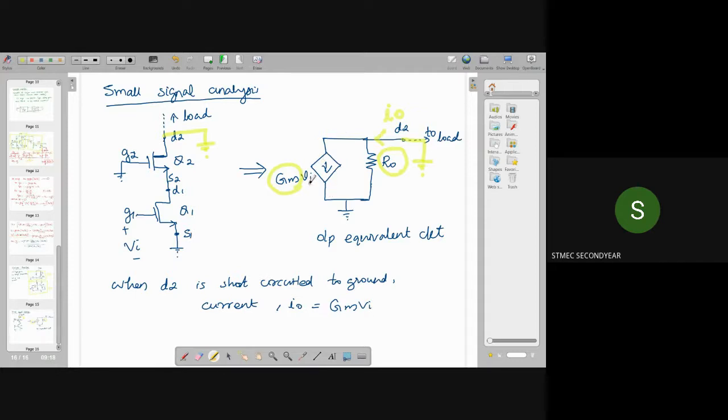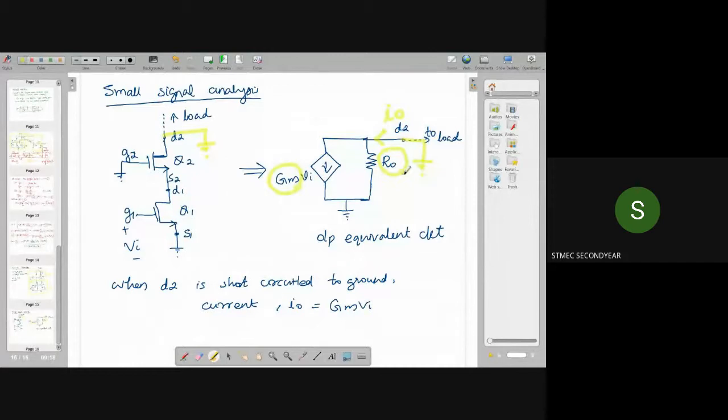Okay, so in order to find the value of gm, what we need is an output equivalent circuit for this cascode configuration. So the output equivalent circuit should be like this: a voltage controlled current source in parallel with a resistor R0. In order to draw this, we have to consider the drain terminal is connected to ground.